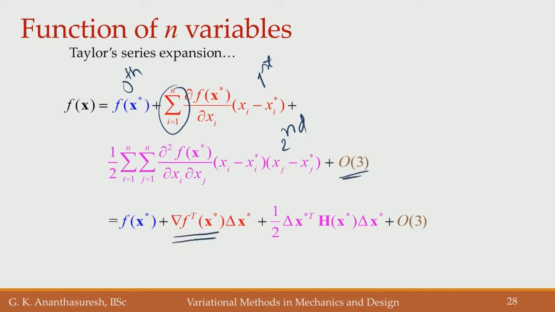The gradient will have a size n by 1 and the Hessian will have a size n by n, okay, and we have perturbations also n by 1, right. So, this is n by 1, this is 1 by n, okay. This is n by 1 and we have transpose here. So, it is 1 by n, this is n by 1. So, we get a scalar eventually, f of x.